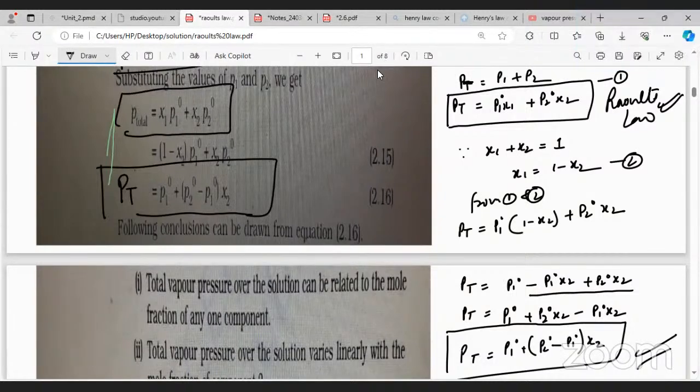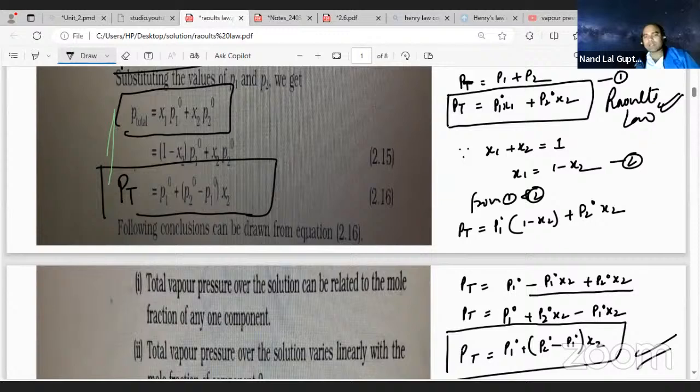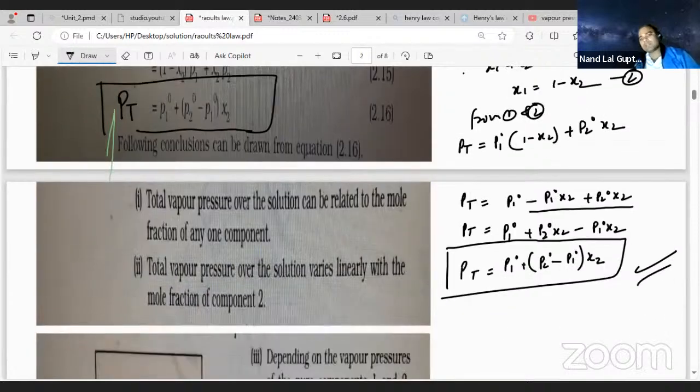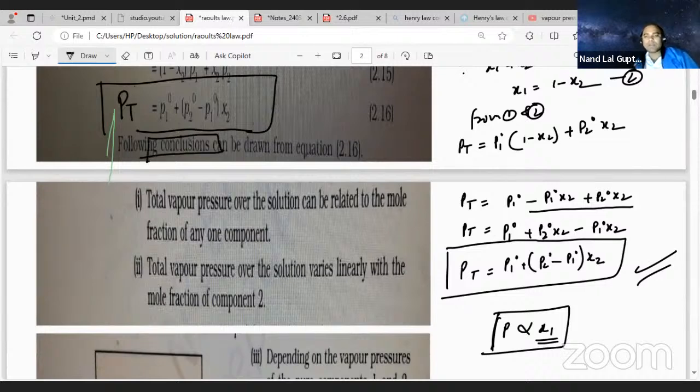Yes, sir. Now this is Raoult's law. What are they saying? The vapor pressure of a volatile liquid is proportional to the mole fraction of the component in solution. What conclusion can you draw from it? The vapor pressure can depend on any one of the mole fractions, because in this equation only one mole fraction is there.